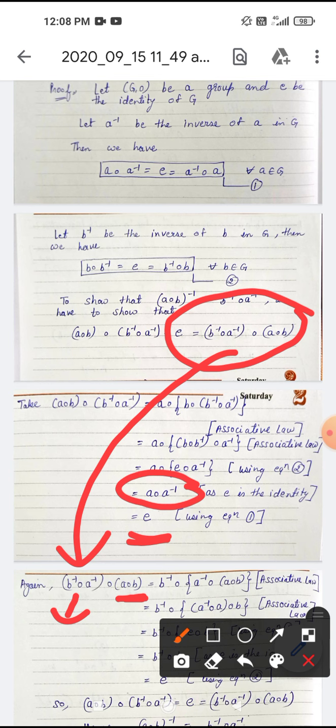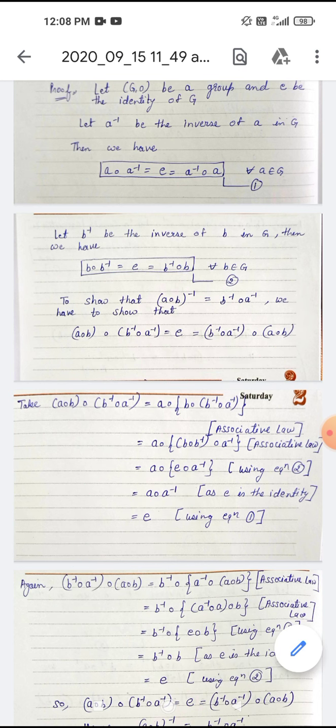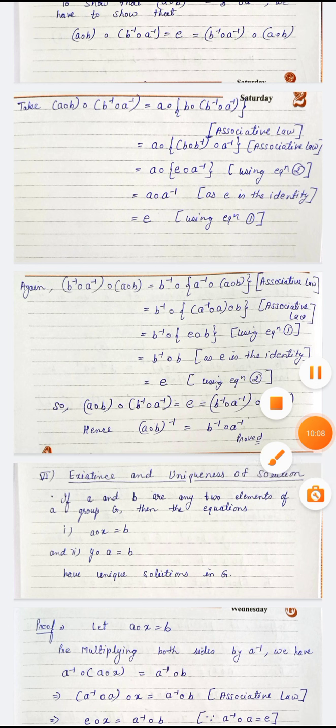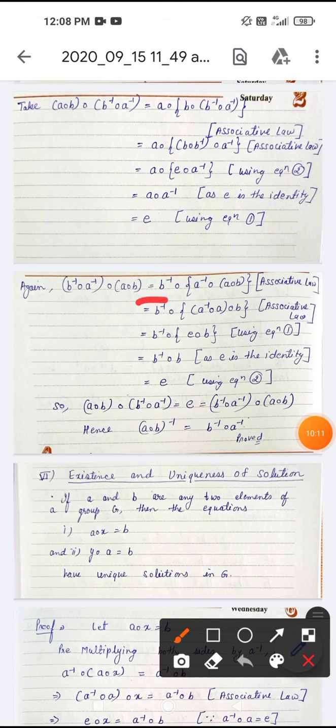So there are three elements, B inverse, A inverse and A operation B. Now again apply associative law. We will get B inverse operation, A inverse operation, A operation B.